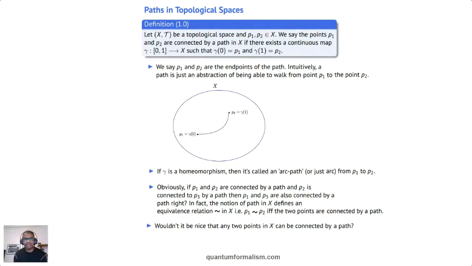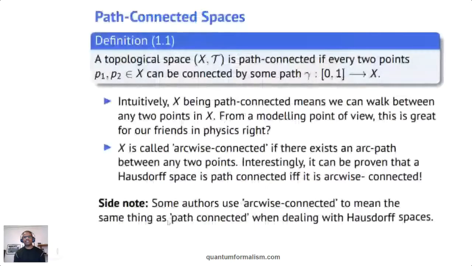This is exactly what leads us to the notion of a path-connected space, as you already guessed. A path-connected space is a topological space that has this property: every 2 points are connected by a path. So X is path connected if every 2 points P1, P2 can be connected by some path gamma.